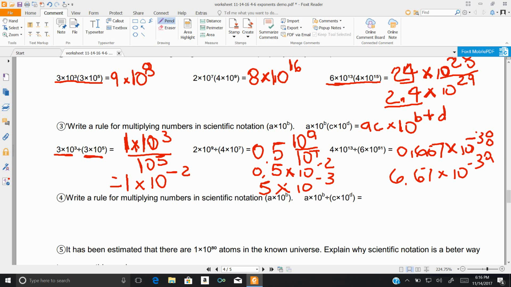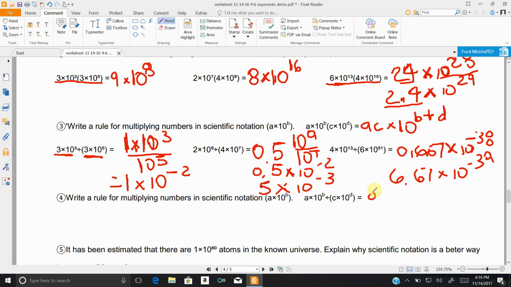So if I write my rule, a times 10 to the b divided by c times 10 to the d, and you notice I put it in parentheses because I need to multiply first and then divide. If I divide first and then multiply the answer, I get a very different number.